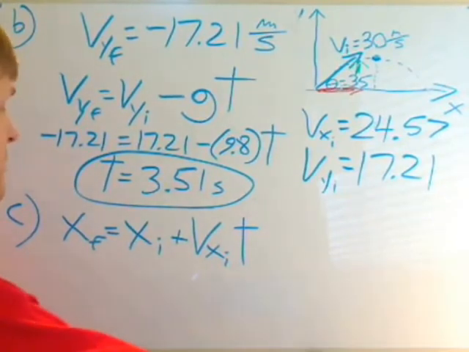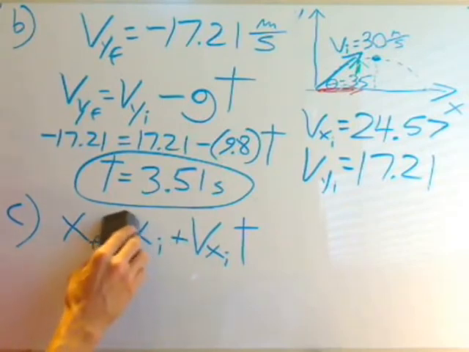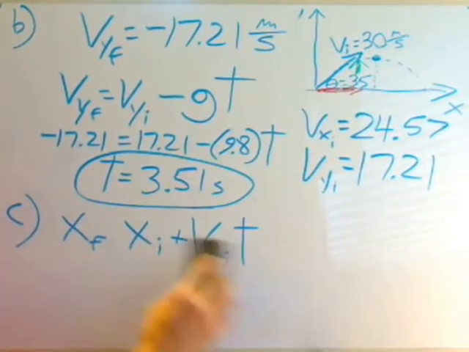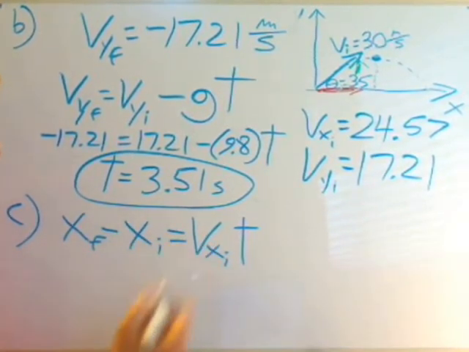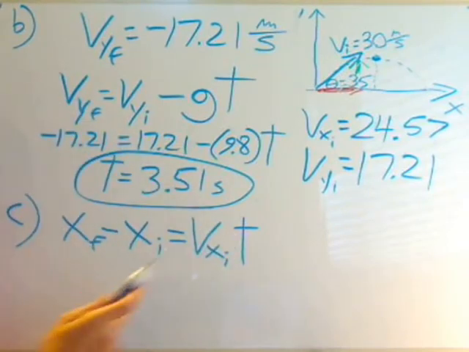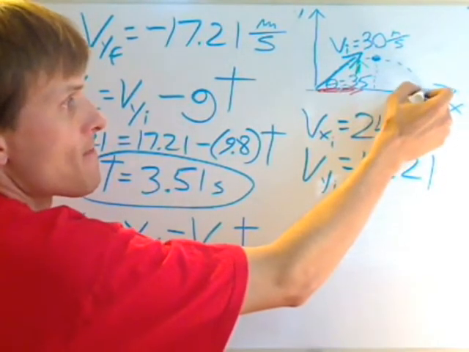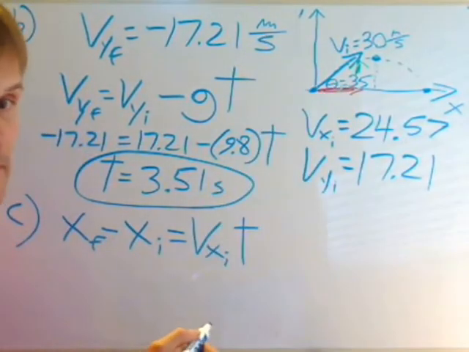If we subtract x initial from both sides, the equation becomes x final minus x initial is velocity times time. X final is our position out here, and x initial is our position there.